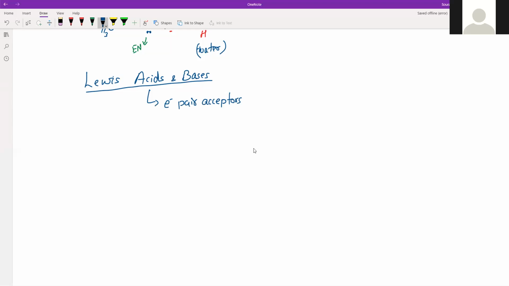In the same way, what is a base? It will be the opposite of that, that is, electron pair donors. So those who have the capacity to donate an electron pair are bases, and those who don't but have the capacity to accept an electron pair will be called acids, Lewis acids.